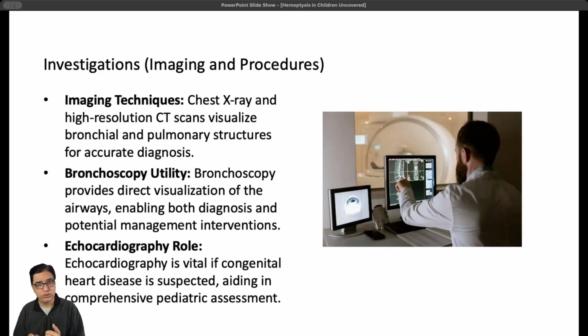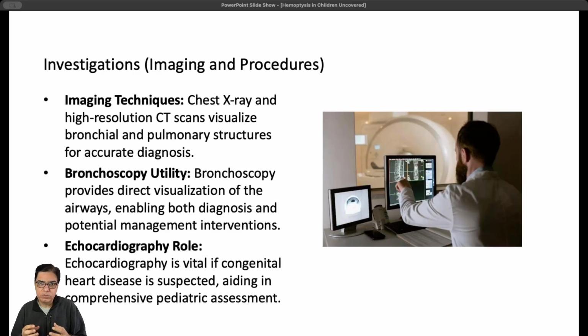Similarly, if chest x-ray is not giving you enough information, you can go for a high resolution spiral CT, which can further visualize the vasculature of the lungs, and can give you a clue where the bleeding is coming from.